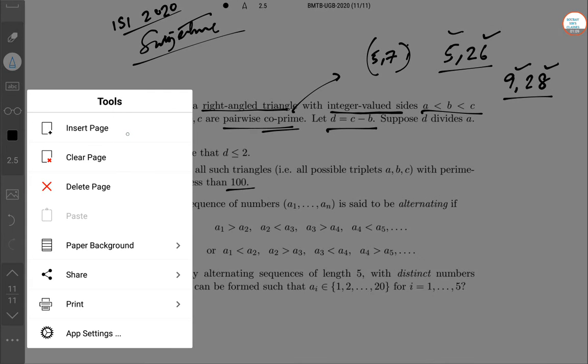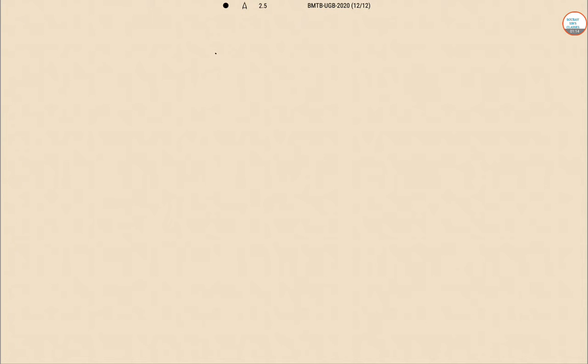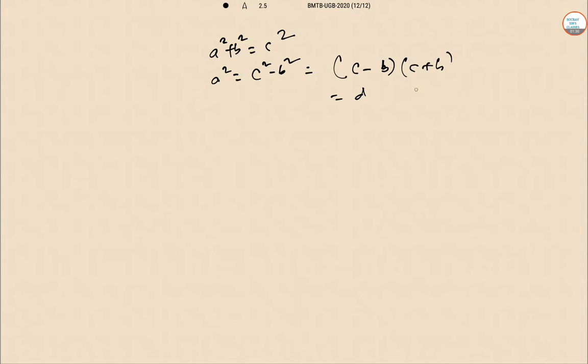So let me add a page here. Pythagoras said a square plus b square equal to c square, long time back. So a square equal to c square minus b square, which is c plus b times c minus b. Here c minus b will be d. Now d square divides a square by d into c plus b.